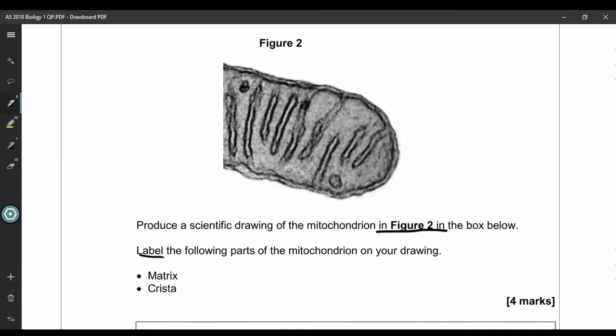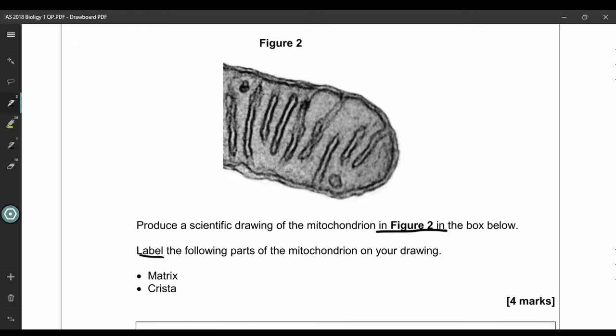So a lot of students fell down. It says draw a scientific drawing of the mitochondria in figure 2. So it wants an accurate representation of this. So similar size, similar number of crista that are coming out in the correct direction. So you aren't just to draw a general mitochondria, it's this one that you've got to draw, and if you don't, you're going to lose marks.